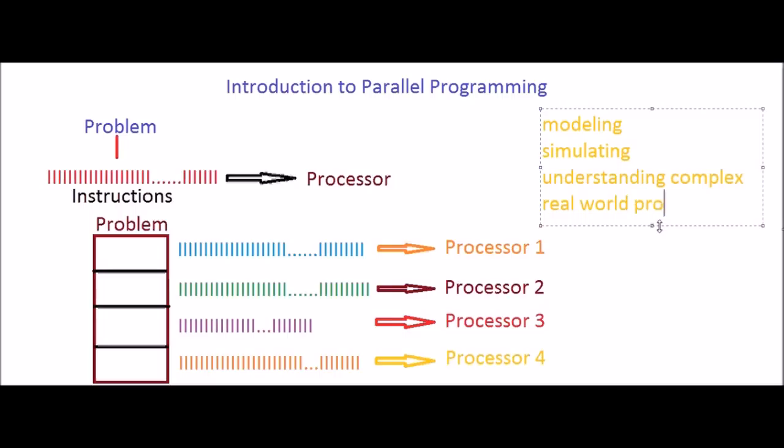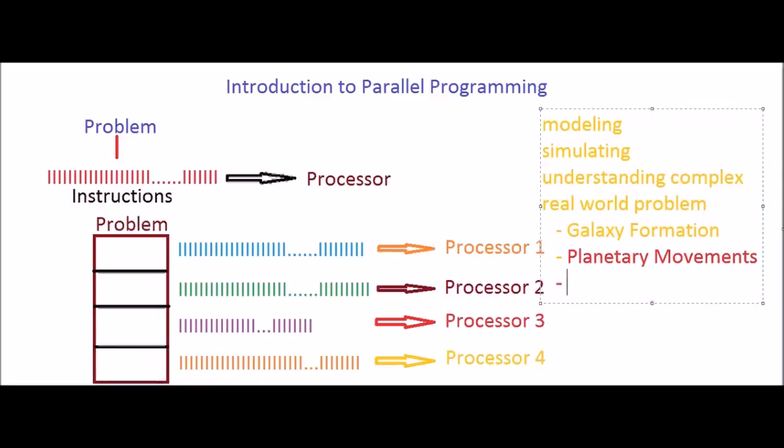Examples of these problems: if we want to study and analyze galaxy formation, that is one problem. If we want to study and analyze planetary movements, and third, if we want to analyze climate change, and if we want to analyze rush hour traffic.